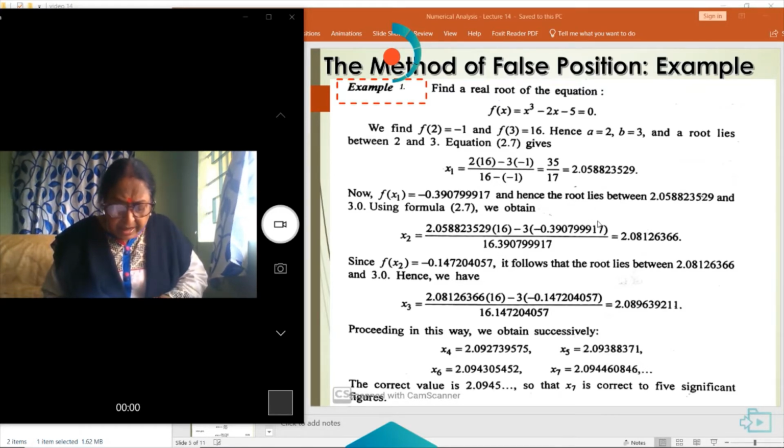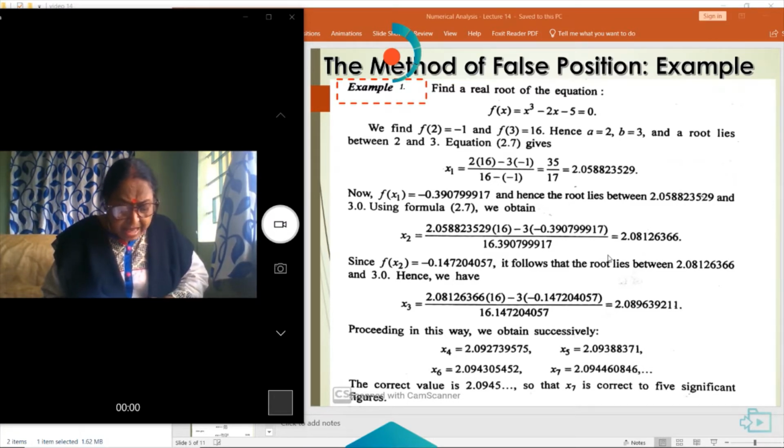If we calculate fx1, we find it negative, and hence the root lies between 2.0588 and 3, because f1 is negative and f3 is positive. Next we have to calculate the root between 2.0588 and 3.